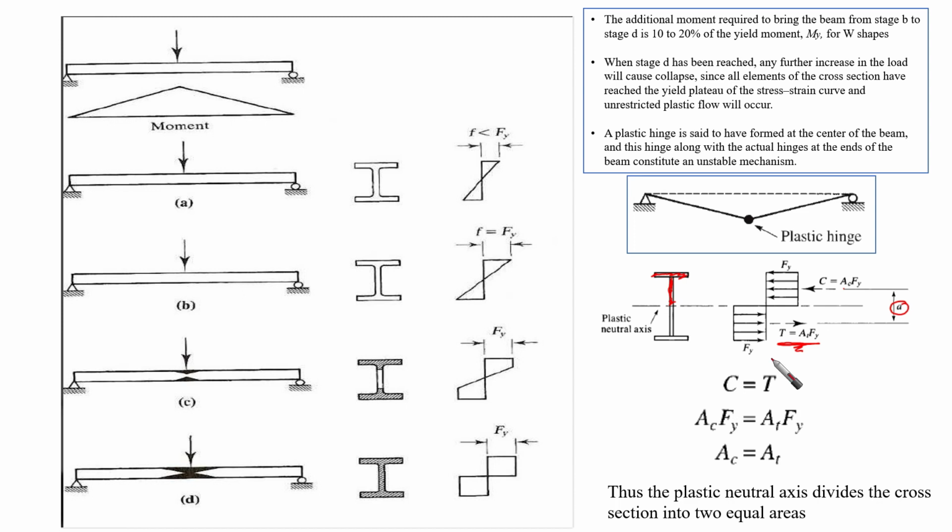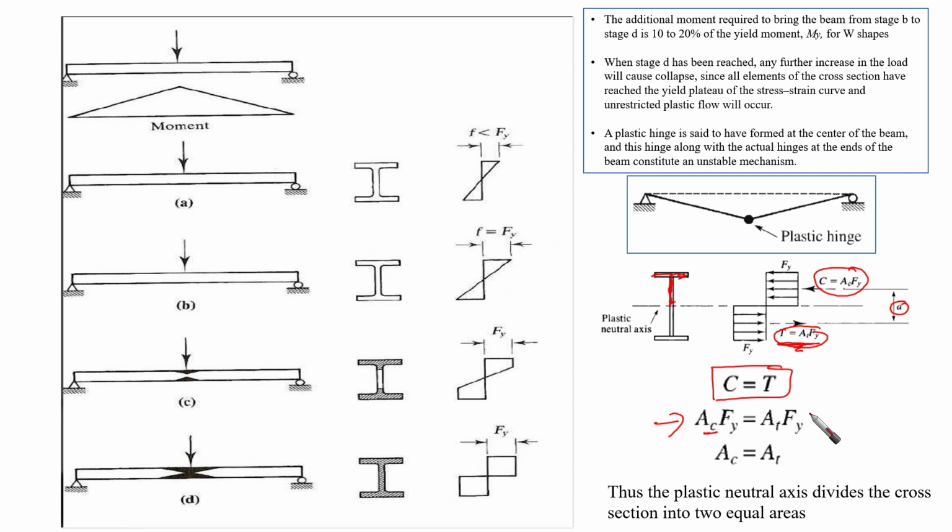From equilibrium, summation of x equal to 0, C must equal T. The tensile force must equal the compression force. So if this is C, it means the area under compression, which is the upper half, times F yield, equals the area under tension times F yield.